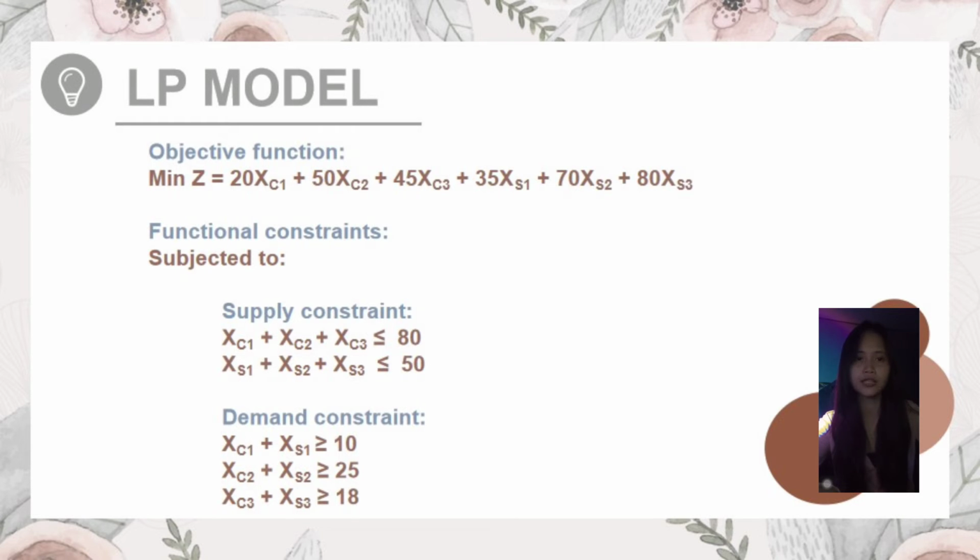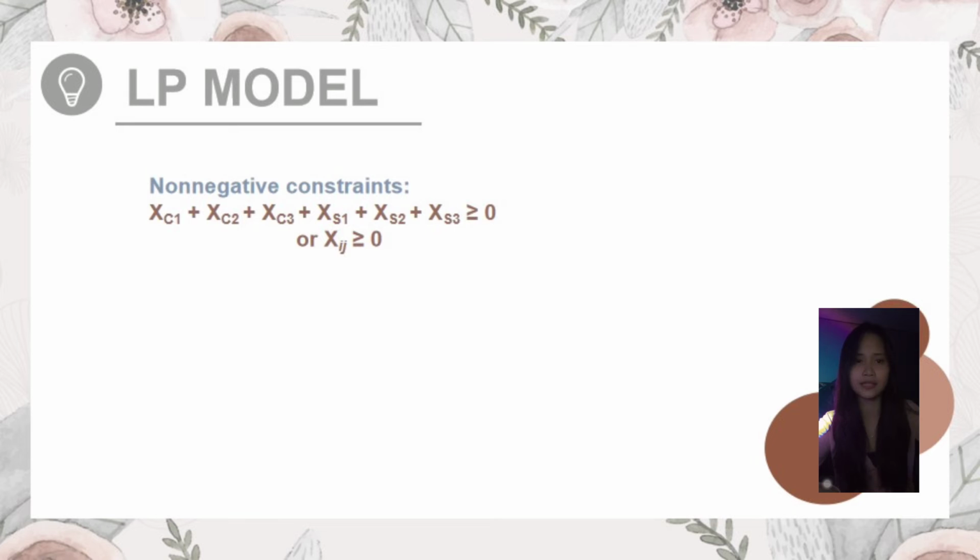In demand constraints: XC1 + XS1 ≥ 10, XC2 + XS2 ≥ 25, and XC3 + XS3 ≥ 18. And our non-negativity constraints: XC1 + XC2 + XC3 + XS1 + XS2 + XS3 ≥ 0, or Xij ≥ 0.